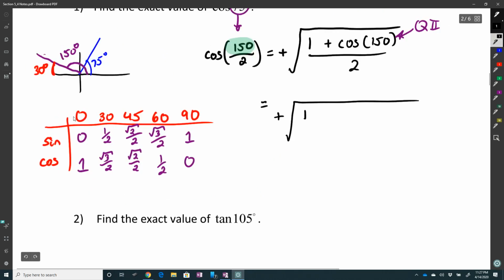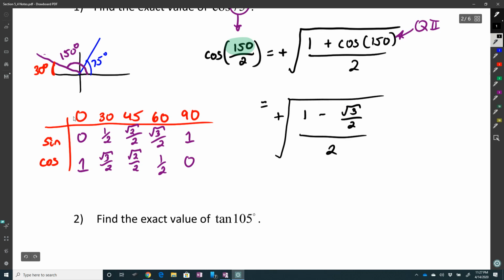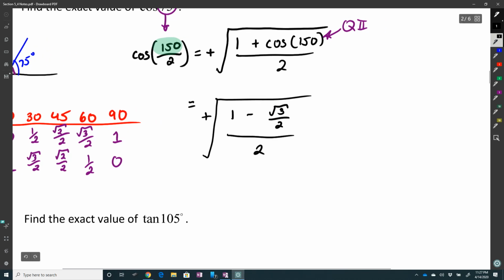So this becomes the square root of 1 minus square root of 3 over 2, all over 2. And remember, the whole thing is inside the square root. So all you got to do now is simplify this. What I'm going to do is rewrite the 1 as 2 over 2.